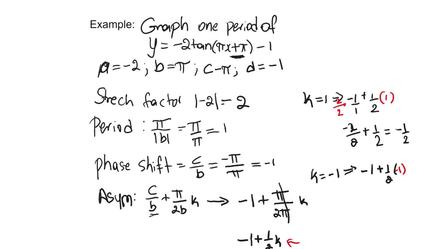So if K is -1, then this becomes -1 minus 1/2. We still do the same thing, so this becomes -2/2 minus 1/2.